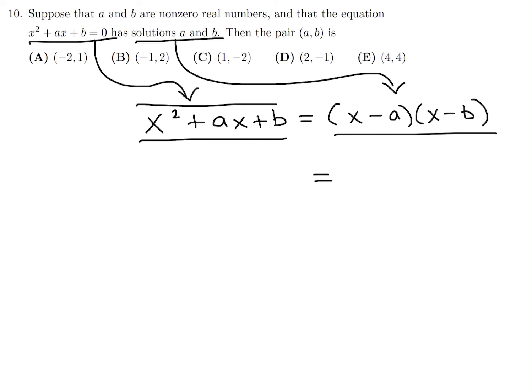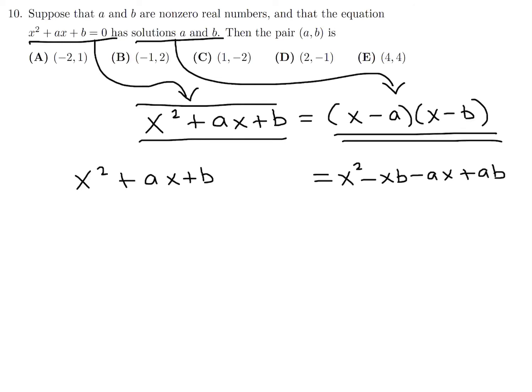Now what I'm going to do is multiply all this out here. Leave this part alone and multiply this out. So we got x squared minus xb minus ax plus ab, like that. And let's see, that gives me x squared, and we have plus minus b minus a x plus ab, correct?